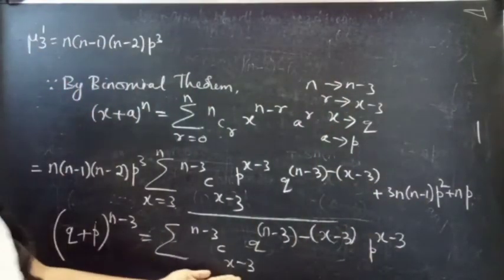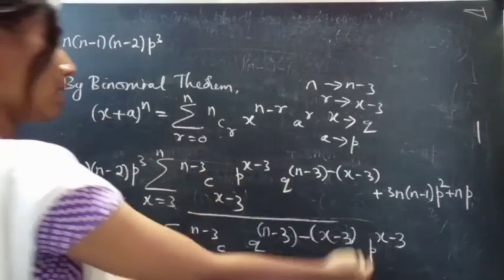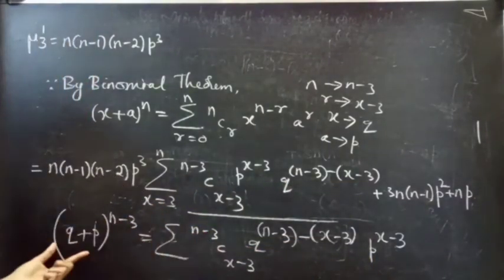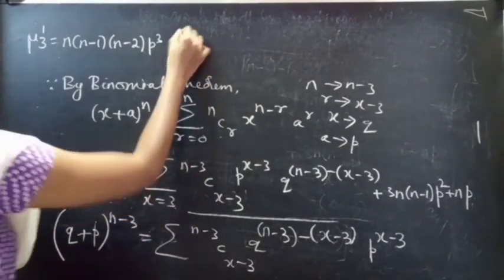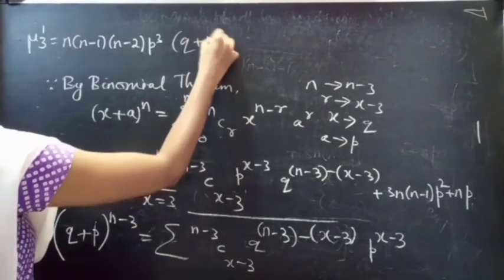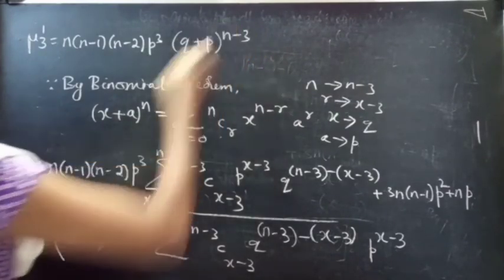So you could replace this part by q plus p power n minus 3. Okay. Alright.